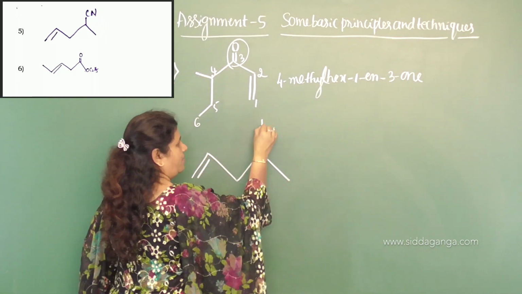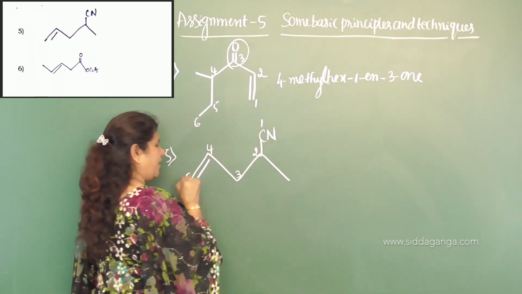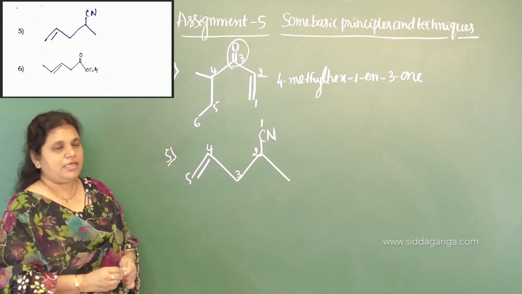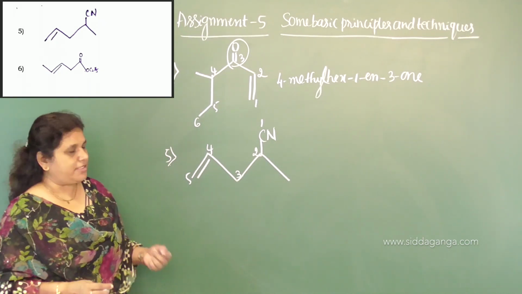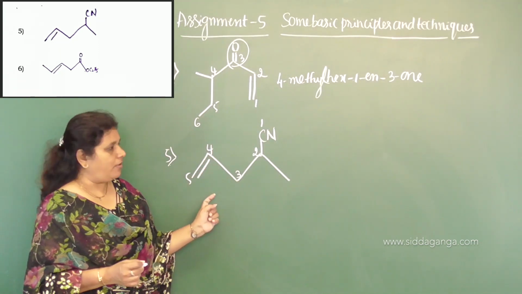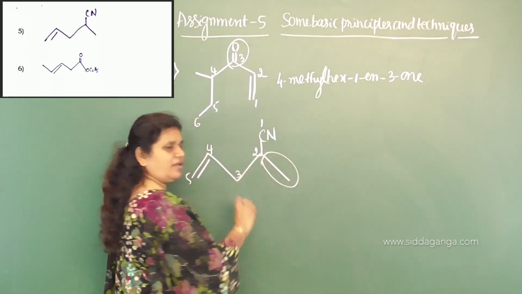So, give the number from this end, 1, 2, 3, 4 and 5. Okay. Then what is the secondary suffix for the cyanide group? Nitrile. Nitrile is the secondary suffix, and between 4 and 5 we have a double bond and one substituent group, which is a methyl group here, correct.